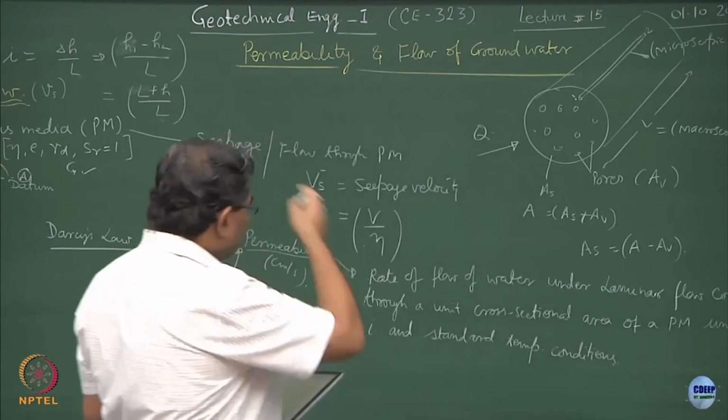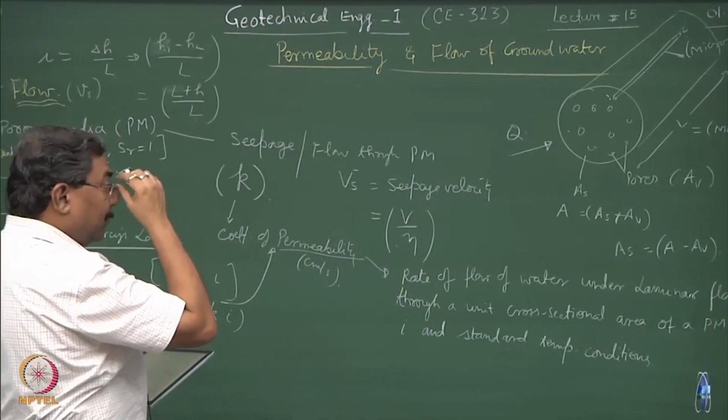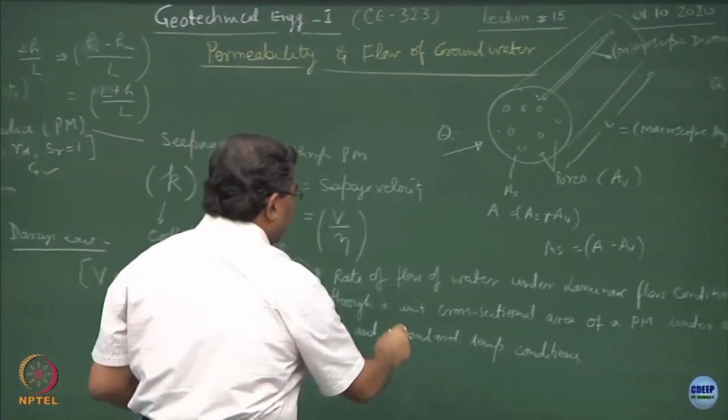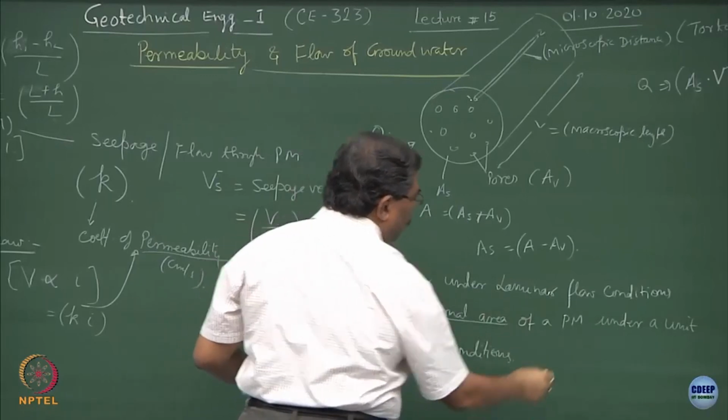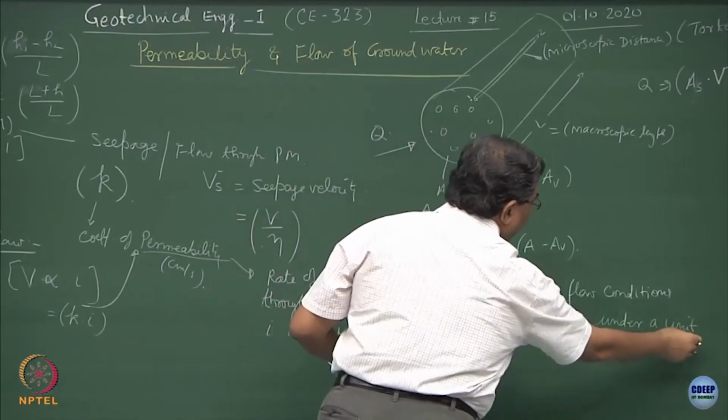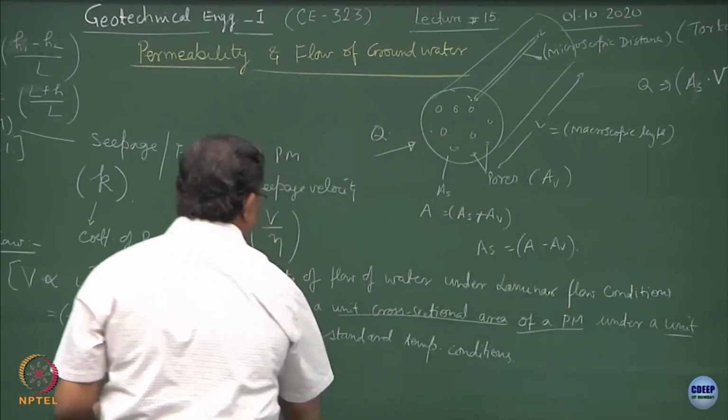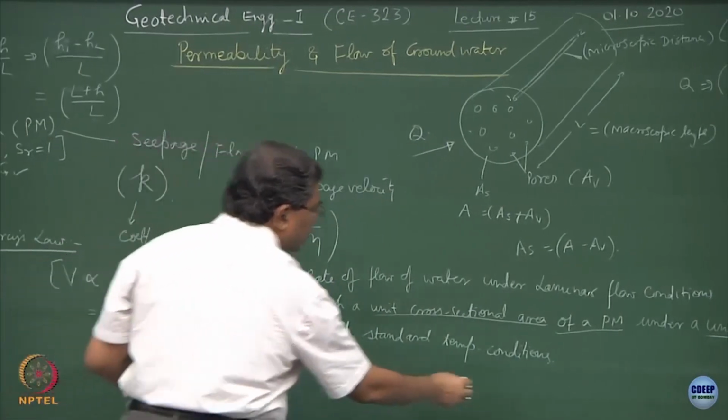So, basically permeability is the rate of flow of water under laminar flow conditions through a unit cross-sectional area of a porous media under a unit hydraulic gradient and standard temperature conditions.